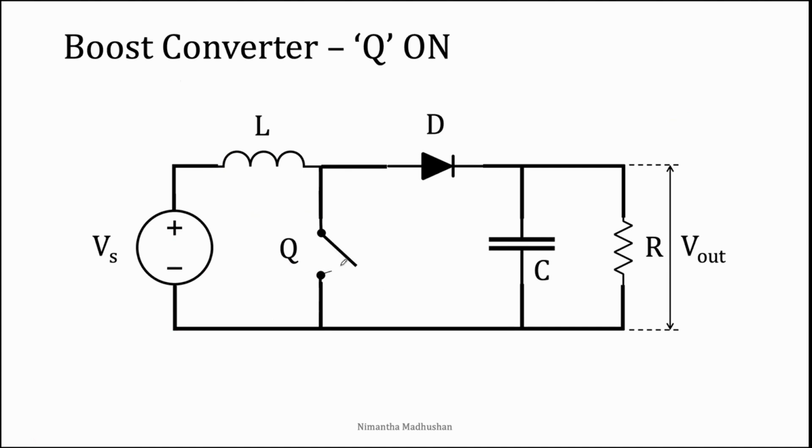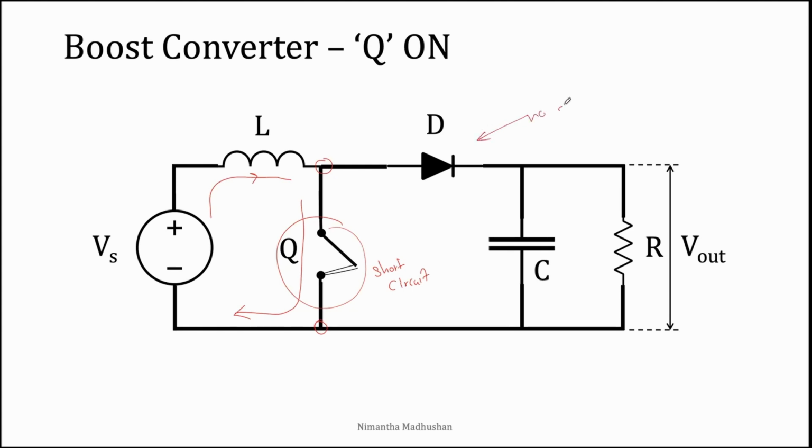When Q is on, this path is a short circuit, and these 2 points are equal. Then, if we consider the current path from the source, you can see the current will go through the inductor and through the Q switch, because these 2 points are short circuited and there is no current through the diode.